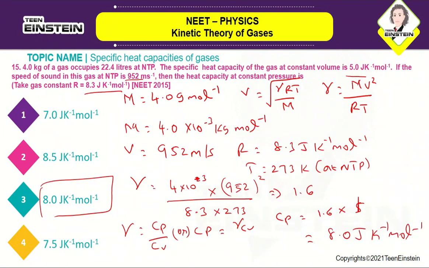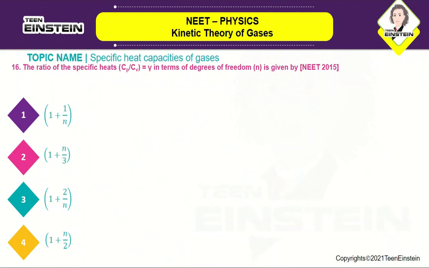So you're going to substitute, and after substituting you are going to find out the heat capacity at constant pressure by making use of the equation gamma is equal to Cp by Cv, and the value of heat capacity at constant volume is given as 5. You are going to substitute and find out the value of Cp. Okay, so let us move on to the next question.